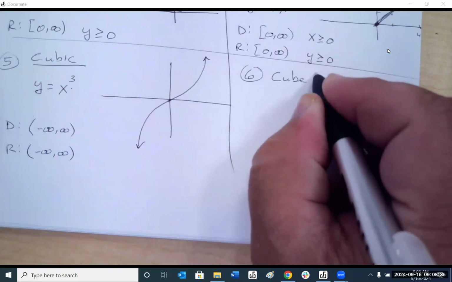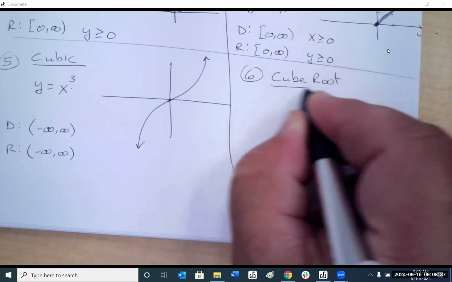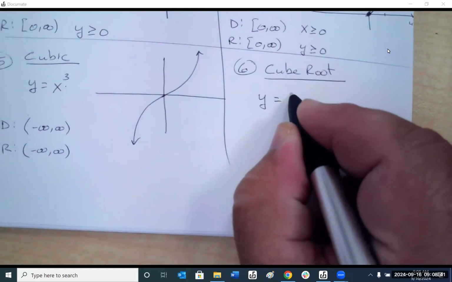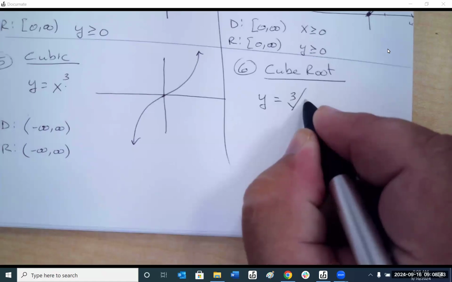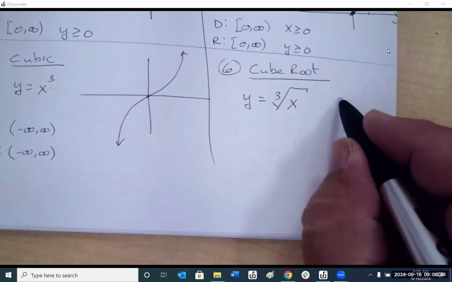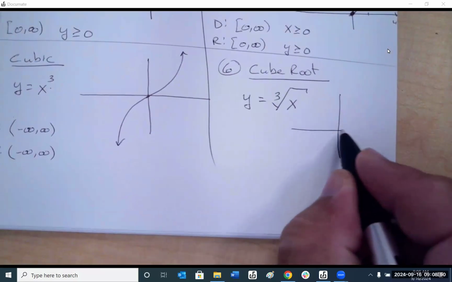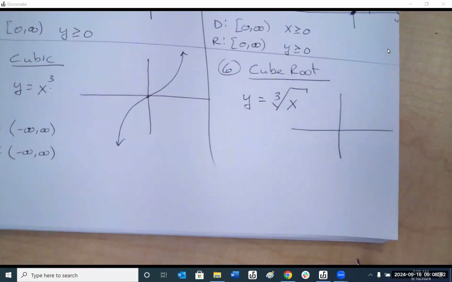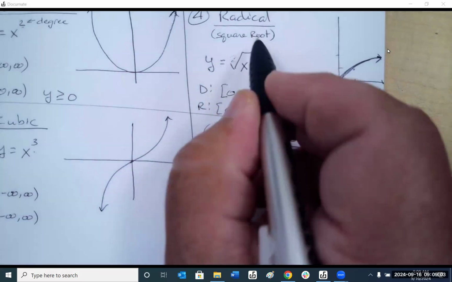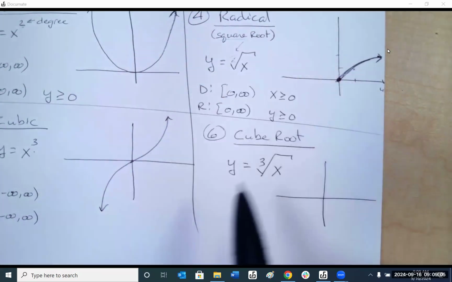Now we have a cube root function. Again, if the root, this is a square root, because there's a 2 there.